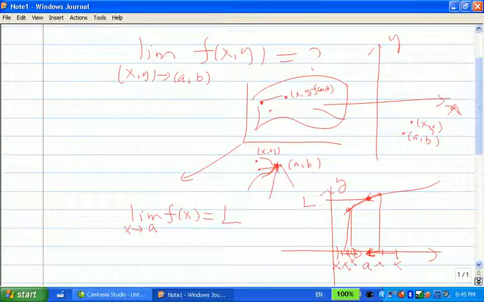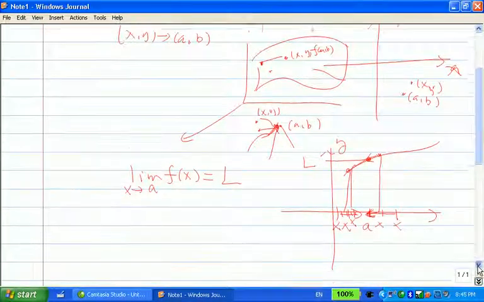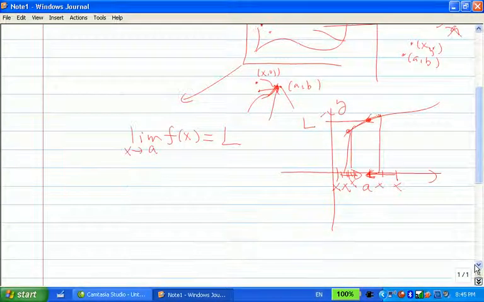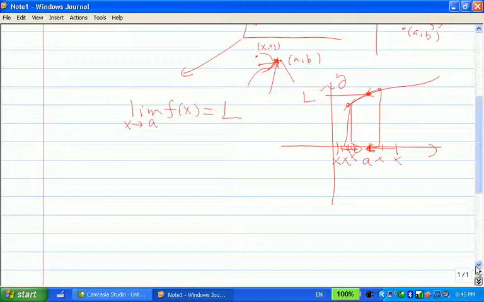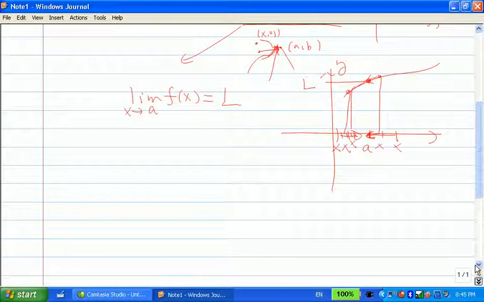All the limits must exist and equal the same value. Then in that case, the limit exists. So this tells you that finding the limit for a function of more than one variable is much more complicated, because there are infinitely many ways for (x, y) to approach the point (a, b).